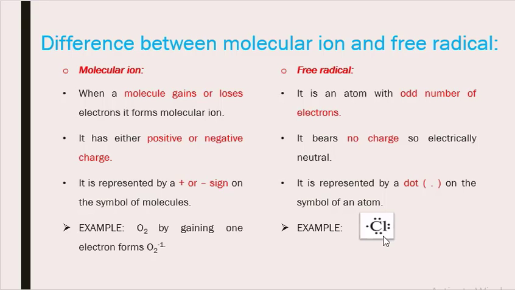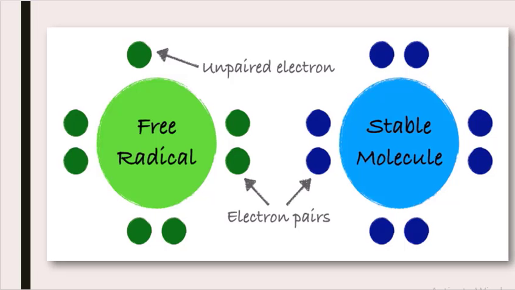Chlorine with 7 electrons. The 7th electron is odd, unpaired, making it free radical. We can see it here, a free radical with an odd unpaired electron, while an atom with complete paired electrons is more stable than free radical.